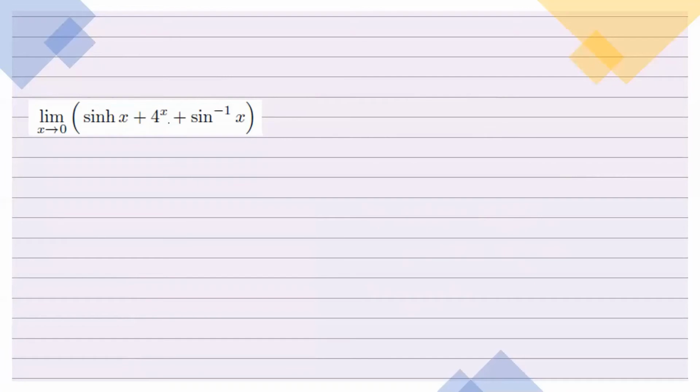What is the domain of 4 to the x? What is the domain of the sine inverse function? Please think about that. Domain. So what are the domains of those functions?